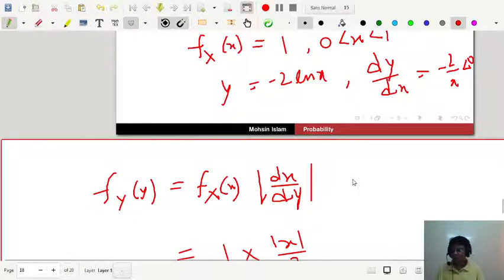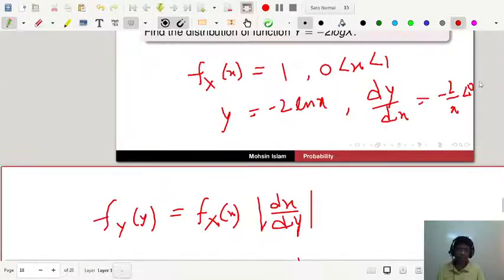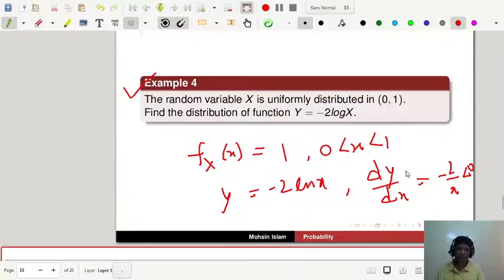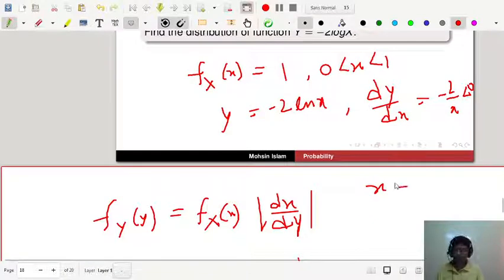And you can change your x by using, actually x will be e to the power minus half y.